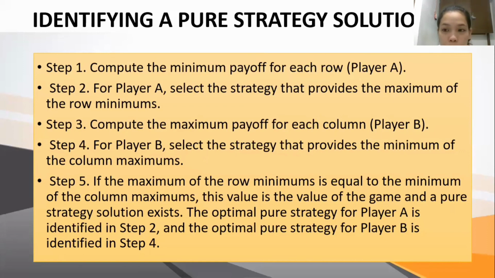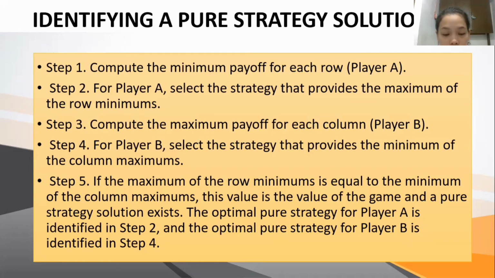Step 1, compute the minimum payoff for each row, which is for player A. Step 2, player A selects the strategy that provides the maximum of the row minimums. Step 3, compute the maximum payoff for each column, which is on the side of player B. Step 4, player B selects the strategy that provides the minimum of the column maximums.